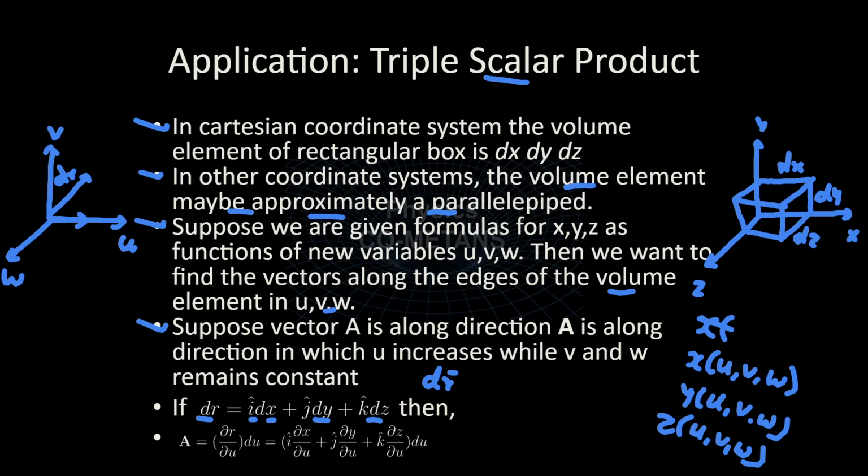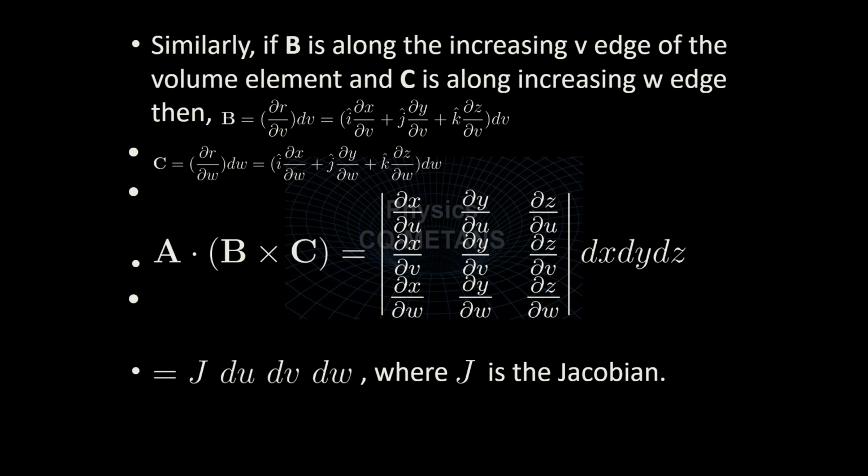This is one equation. Similarly, if I take along v and w the vectors B and C respectively, with increasing v and w, we get something. Vector B is along the increasing v while keeping u and w constant, and C is along the increasing w while keeping u and v constant.